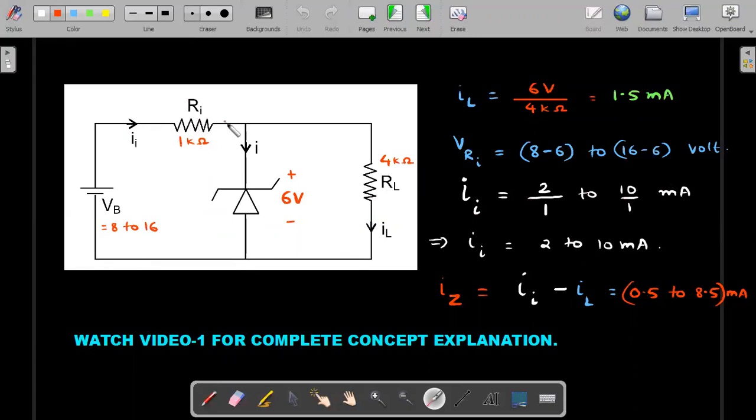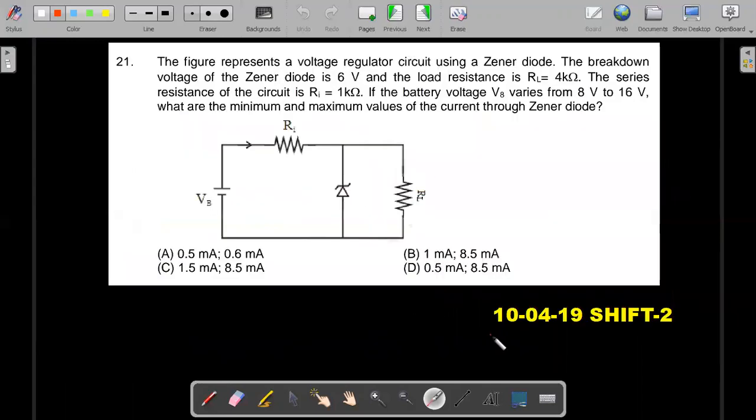Since this is 2 to 10 milliampere and the load current has been fixed at 1.5, simple KCL gives you the subtraction of these two numbers: 2 minus 1.5 gives you 0.5, and 10 minus 1.5 gives you 8.5. So the range of the current that will flow through the Zener, so that the current in the load is a constant, is from 0.5 to 8.5 milliampere, which makes the answer to this question D.